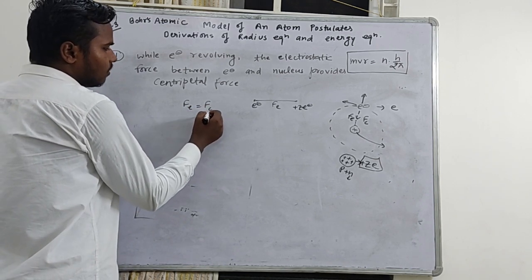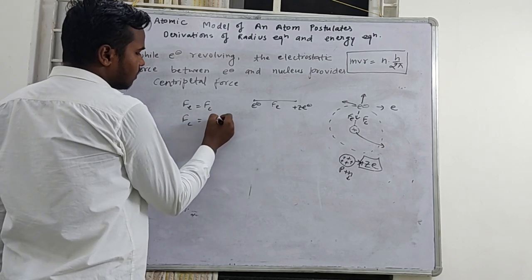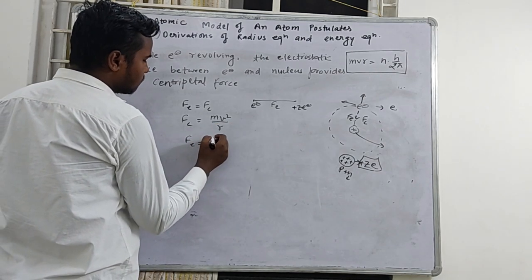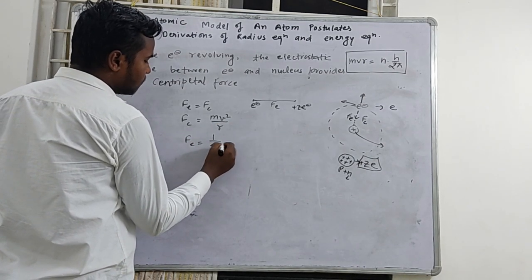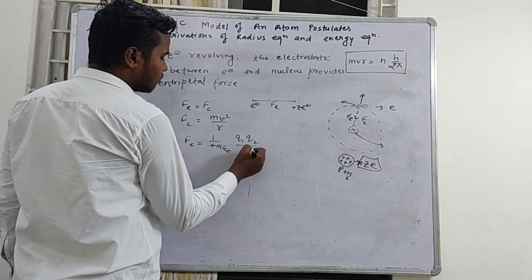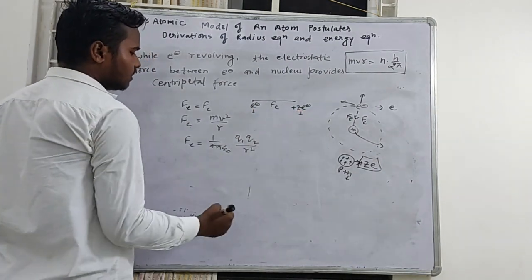We know that the centripetal force Fc is equal to mv square by r, and the electrostatic force Fe is 1 upon 4 pi epsilon naught q1 q2 upon r square. q1 is the electron charge and q2 is the nucleus charge.